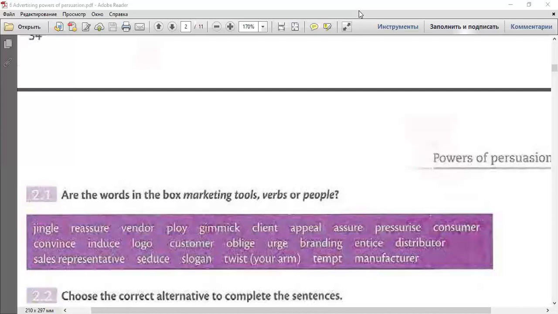Okay, and the last thing, could you please type the people? So for the sake of memorizing these words, please type words that mean people.